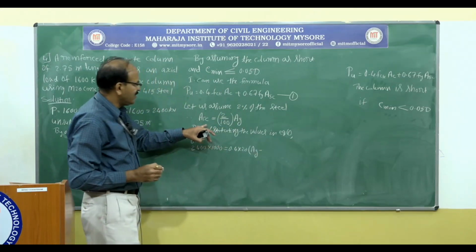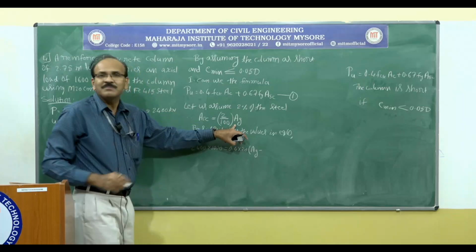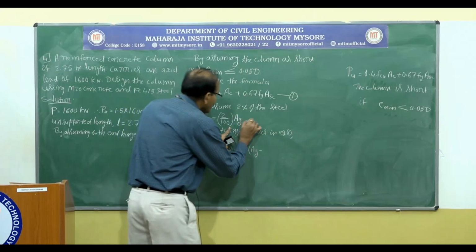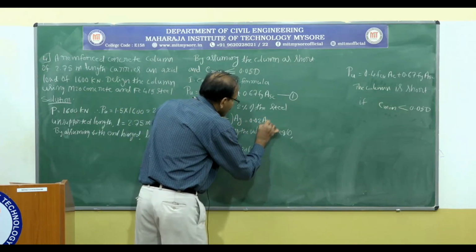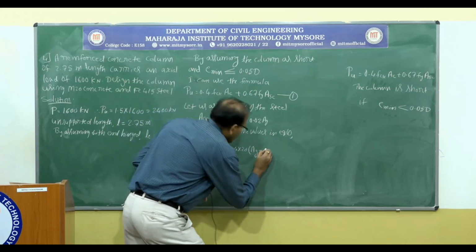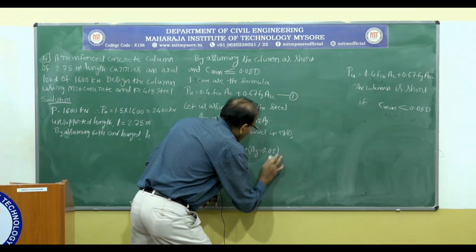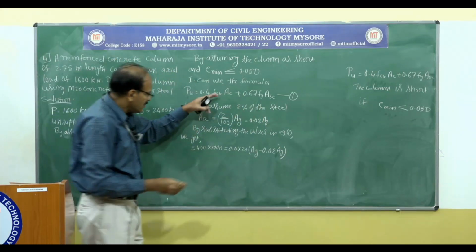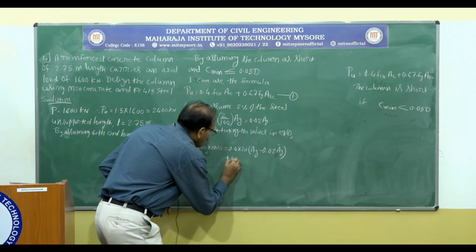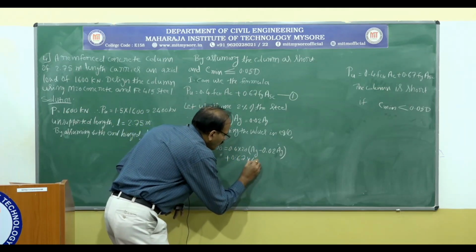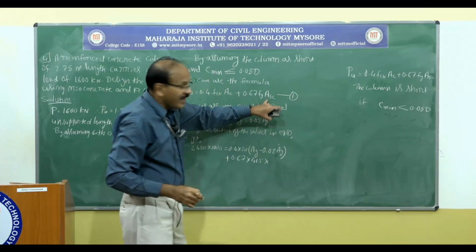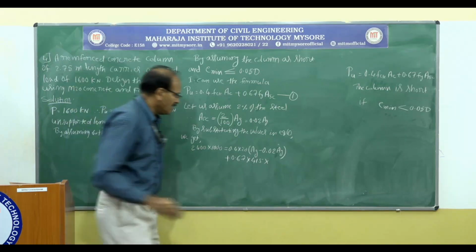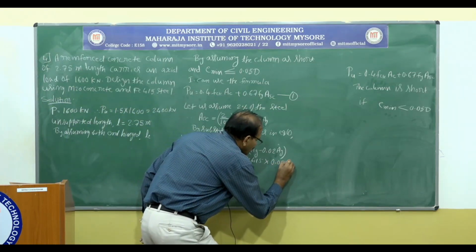What is the area of steel here? That is 0.02 Ag, the area of compression steel, plus 0.67 into 415. In place of Asc, the area of compression steel, I substitute 0.02 Ag.